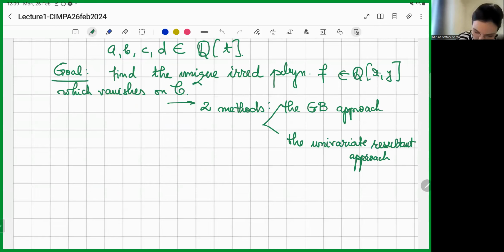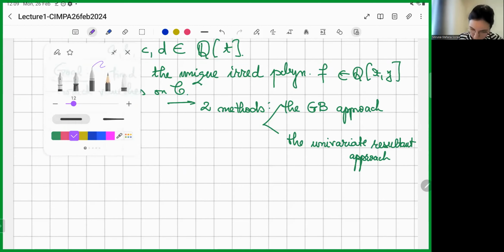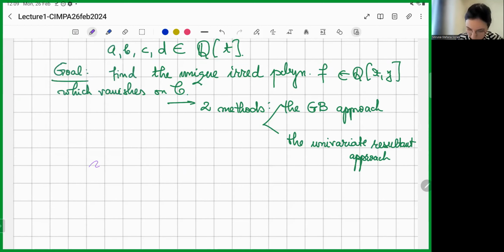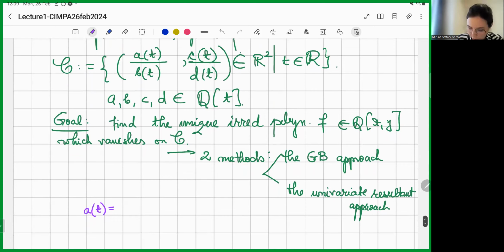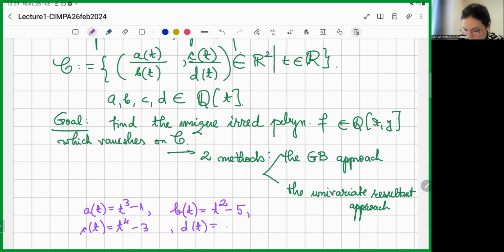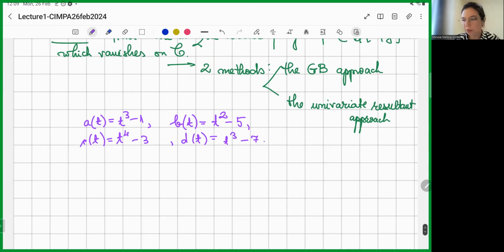But I will choose now precise polynomials A, B, C, D, so that we have this parameterization. Say A of t is t cubed minus 1, B of t is t squared minus 5, C of t is t to the fourth minus 3, and D of t is t cubed minus 7, to have a concrete parameterization.